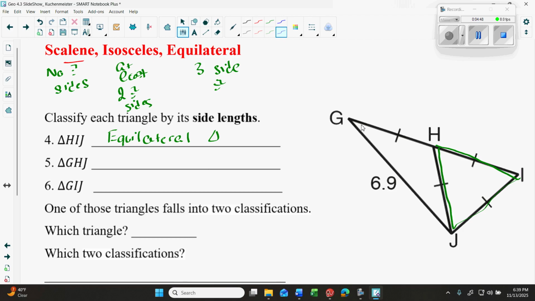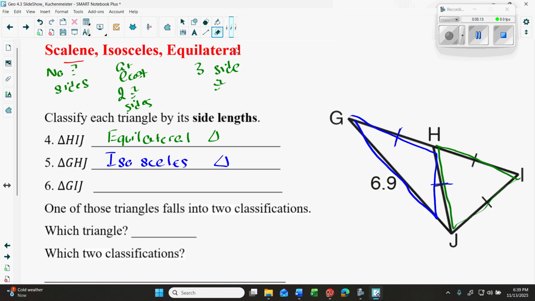Moving on to triangle DHJ, which is this one. We have a congruent side here and a congruent side here. This side we know is 6.9, but we don't know what these other two are, so we just know that we have at least two congruent sides. This is an isosceles triangle.